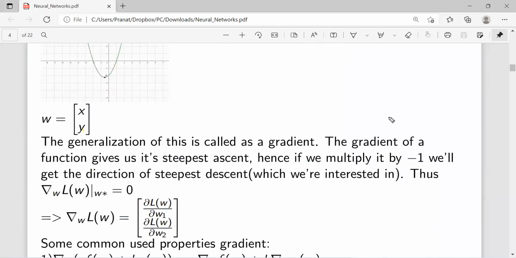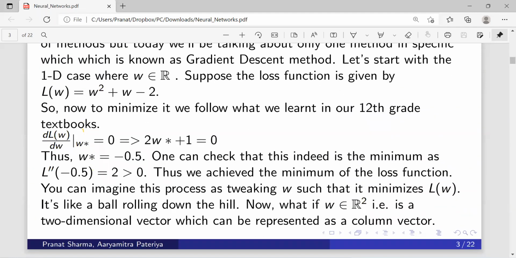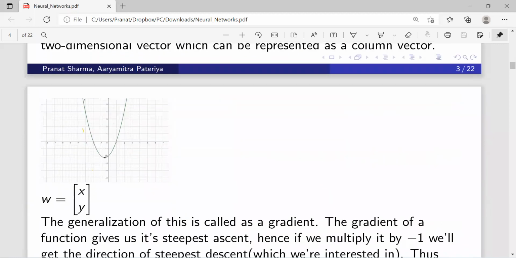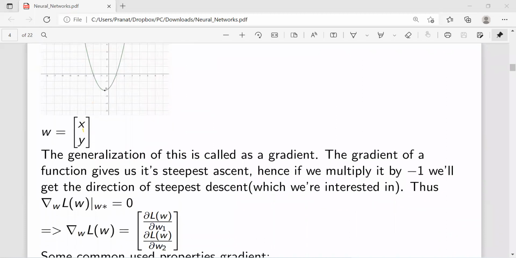And this generalizes, so basically what a derivative is, a derivative gives you, at least in the one single variable case, the slope of the curve, right? So we want to find the slope of a curve if W is a two-dimensional vector. The gradient is a generalization of that for more than one dimension.